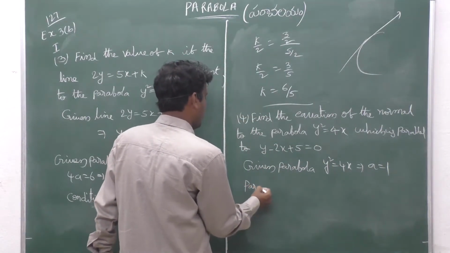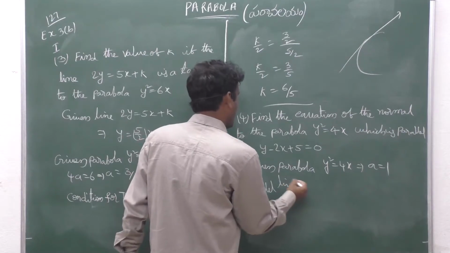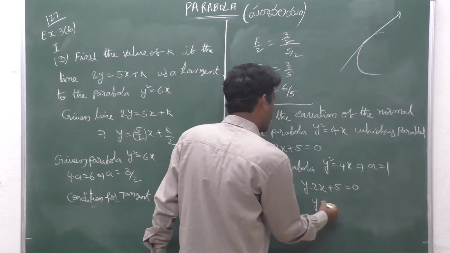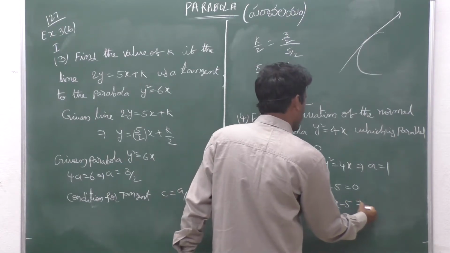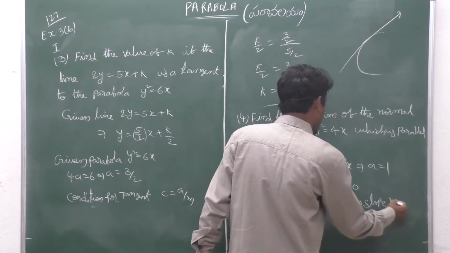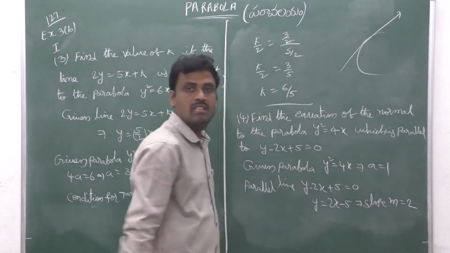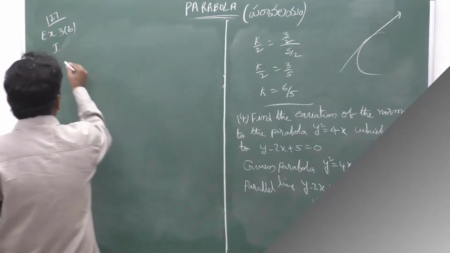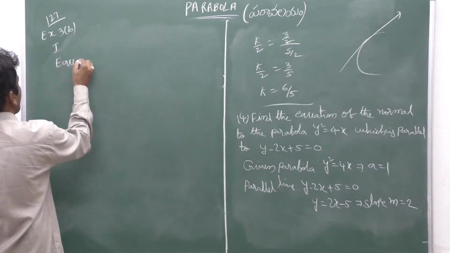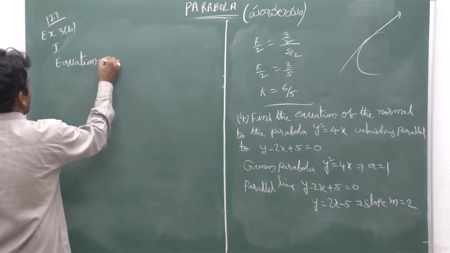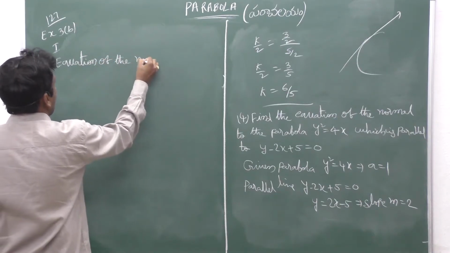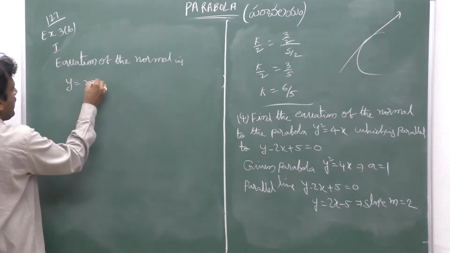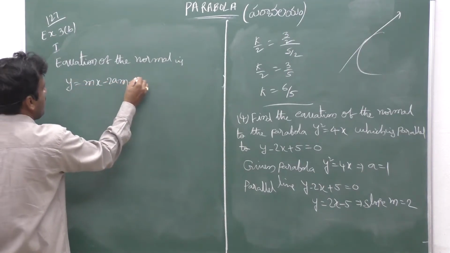Parallel line y minus 2x plus 5 equal to 0, that implies y equal to 2x minus 5, that implies slope m equal to 2, because y equal to mx plus c. Next, the equation of the normal is y equal to mx minus 2am minus am cube.